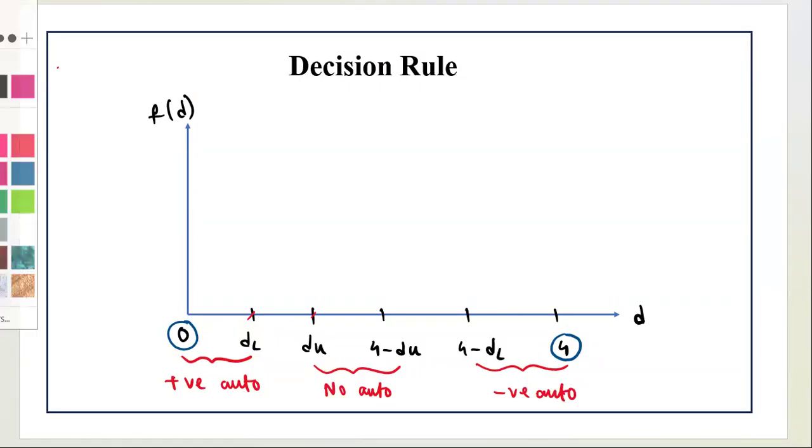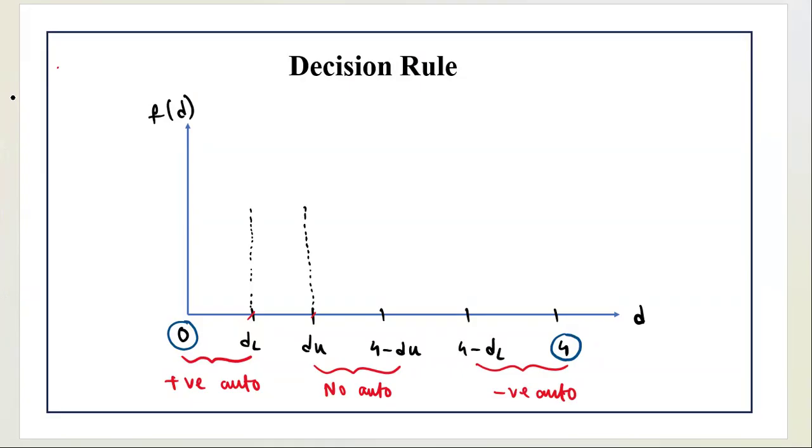Not only that, there are two regions. This is one region where the test fails, that is inconclusive. Inconclusive region.